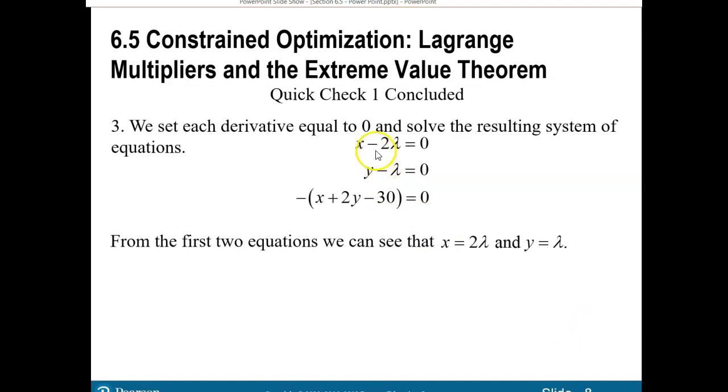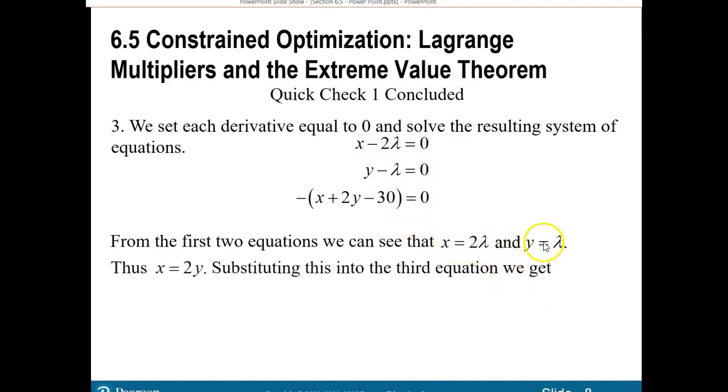Each of those set to 0 looks like this. So from the first two equations, we get x equals 2 lambda and y equals lambda. So if y is equal to lambda, that means x is equal to 2y, replacing lambda with y. So we're going to come up to this third equation. Since x is equal to 2y, we can replace 2y with x. So we end up getting x to be 15, right? That's negative 2x plus 30 equals 0, which solves to x equals 15.